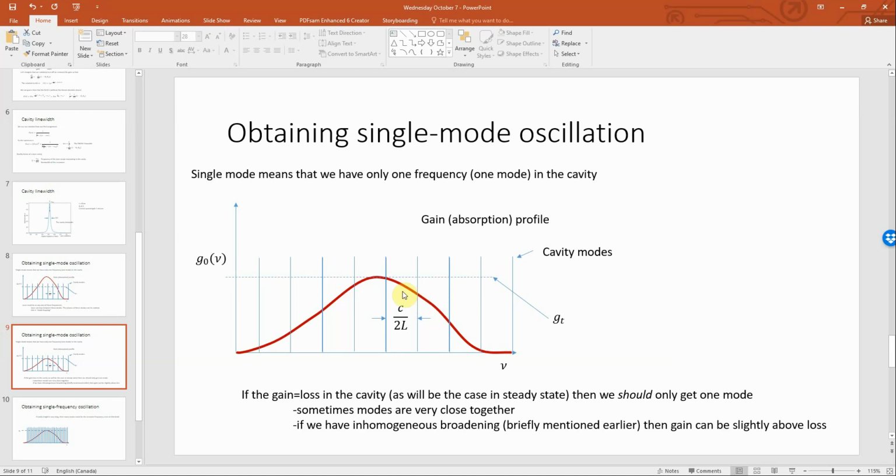So, for example, this mode here will be resonant and well amplified, but this mode here is going to be below the threshold gain. And if it's below the threshold gain, then photons here aren't being amplified enough to reach steady state, and those modes actually die off. So as soon as we're at steady state in our laser, our gain is at the threshold gain, which means only one mode is actually going to be our laser mode.